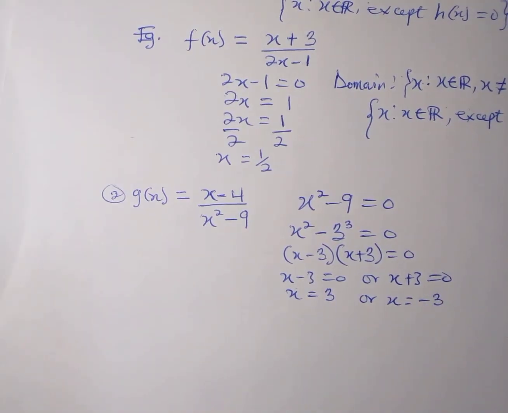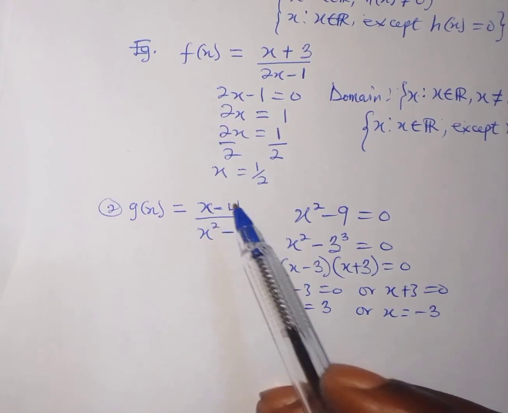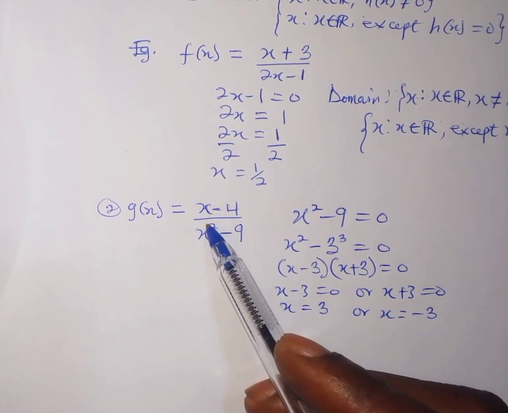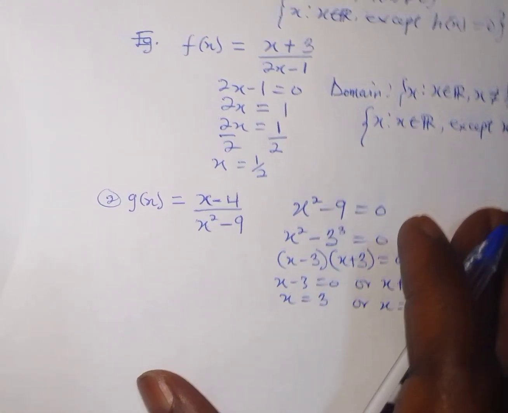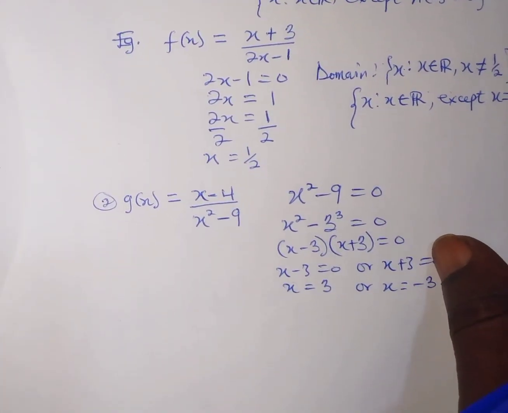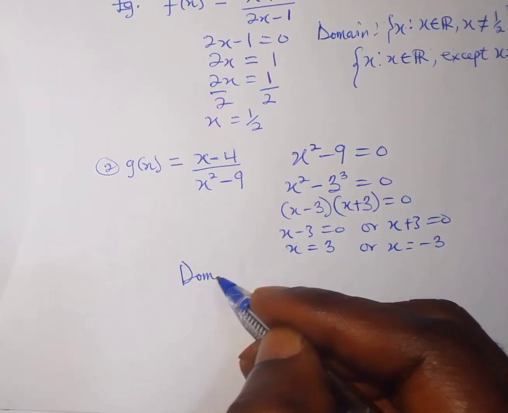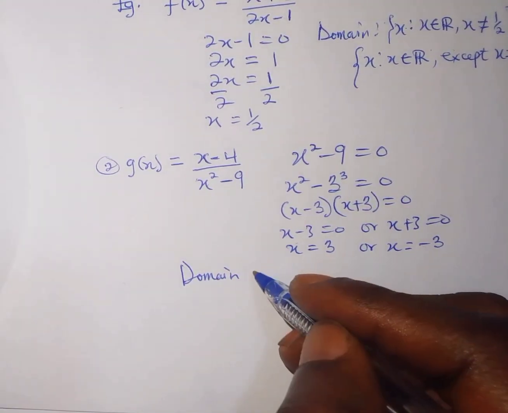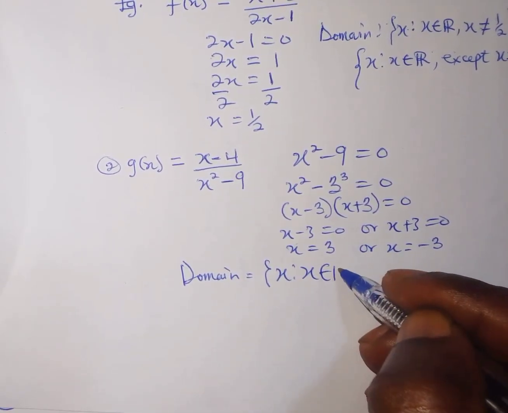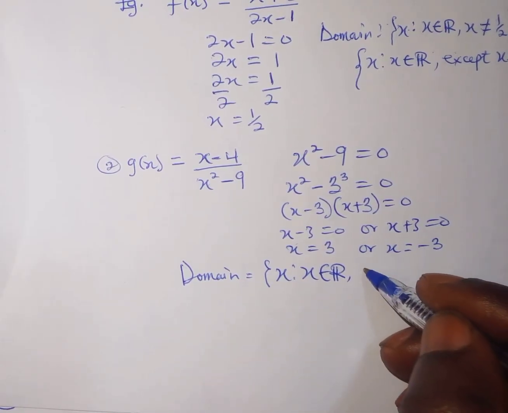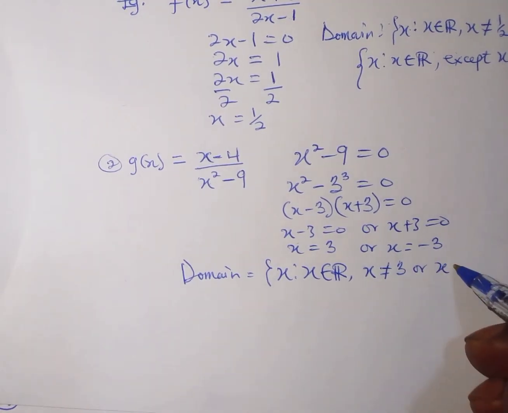So this means that every real number can make the function defined except 3 and negative 3. So you can conclude that your domain is given as x is such that x belongs to all set of real numbers, x shouldn't be equal to 3, or x shouldn't be equal to what?